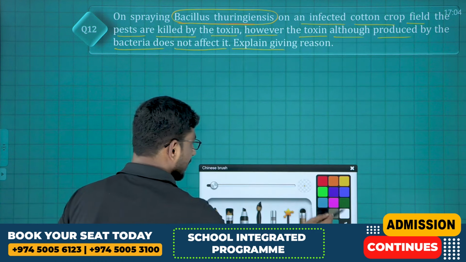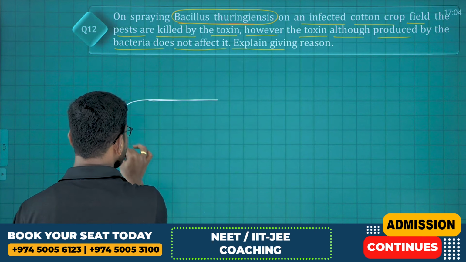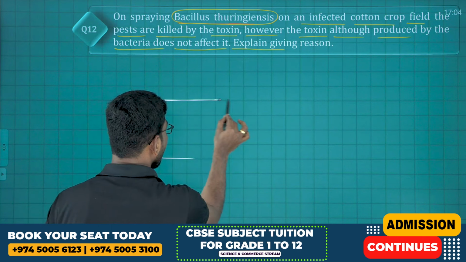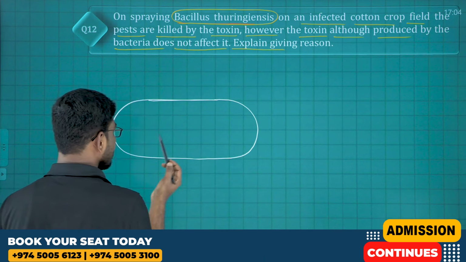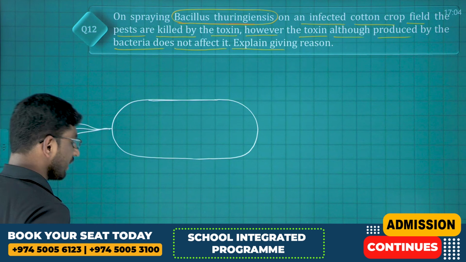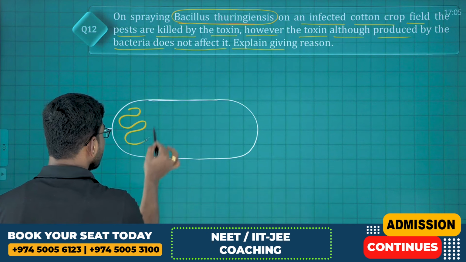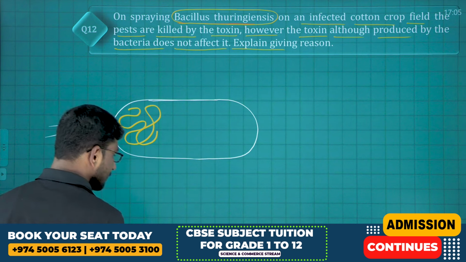Students, carefully listen here. This is a bacteria, Bacillus thuringiensis. In this Bacillus thuringiensis bacteria, there is a gene. This is a genome, and there is a specific gene.